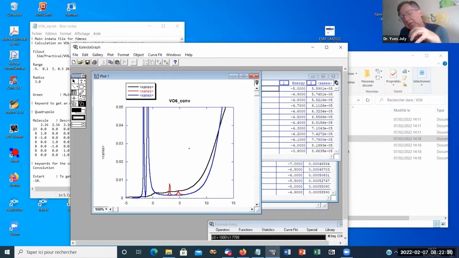If you see the shape of these orbitals, they point towards the neighboring atoms. Because it's anti-bonding with the neighboring atoms, they are at higher energy than the other ones, which point between the neighboring atoms. So here are the EG states, and here are the T2G states.